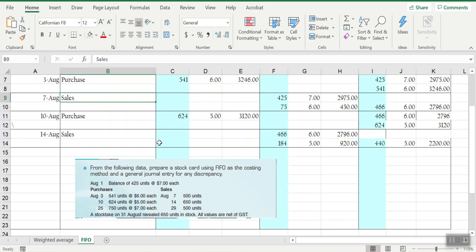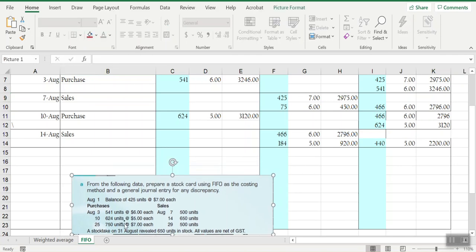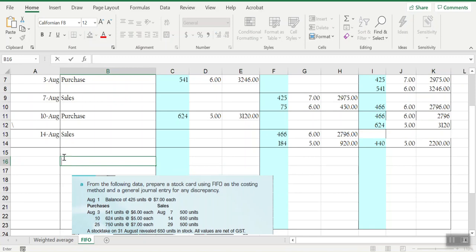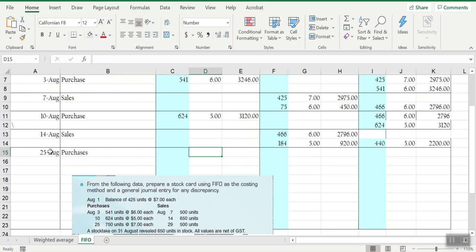So next we're at the 25th of August and the 29th of August. We're going to do some purchases. We're going to purchase 750 at $7 each.